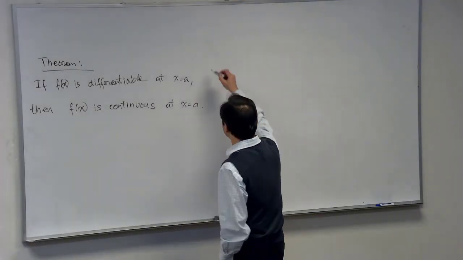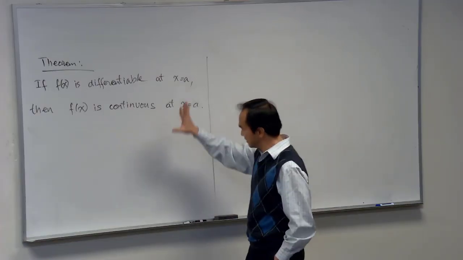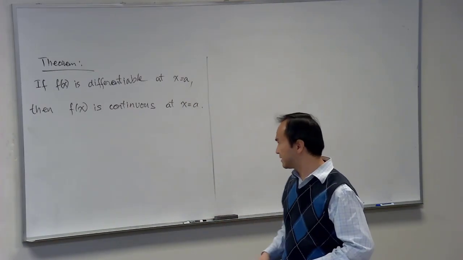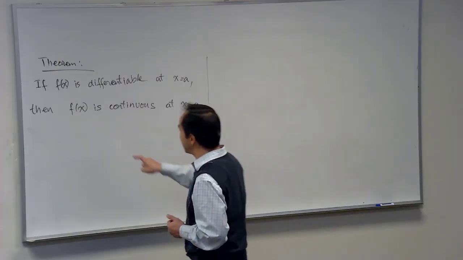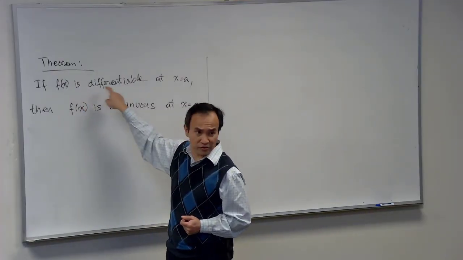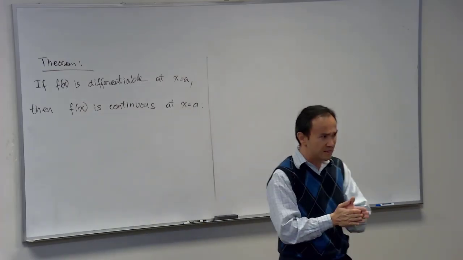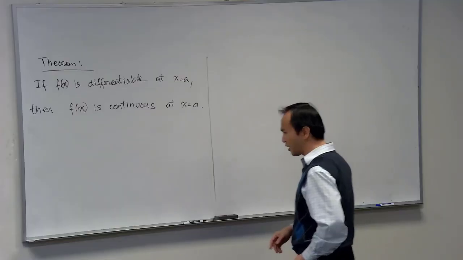This theorem is straight out from the wording of it. If we know the function is differentiable, then the function has to be continuous at that point. But knowing this information alone is not too important.